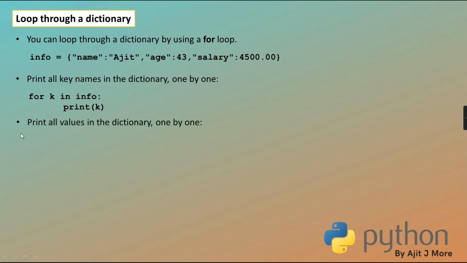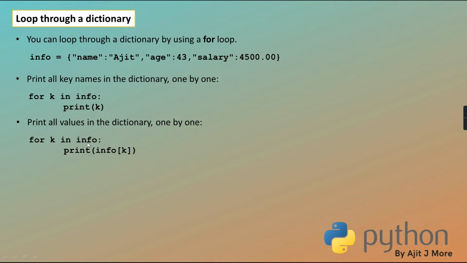Okay. Now print all the values in the dictionary one by one. I want to print the values. So there are ways, as I said. If you want to print value, use this for loop only, for k in info, which will give you each key from it, and then that key you can use as a parameter to the get method, like info.get of k, or you can write info square bracket k and access the value.